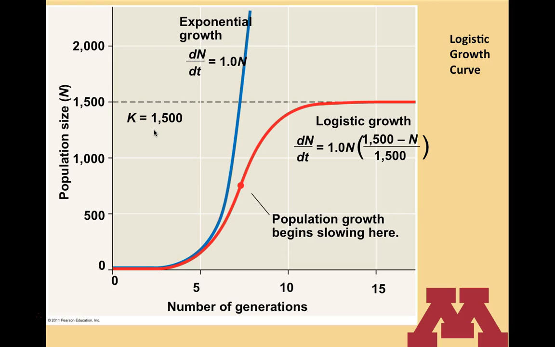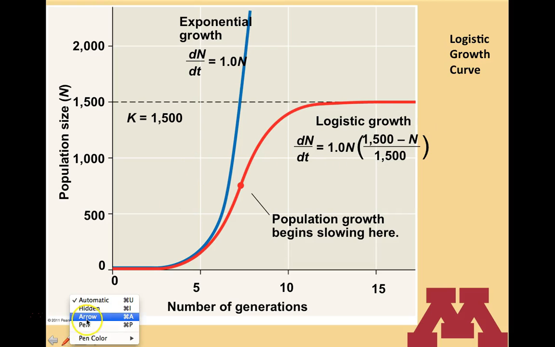And we have the logistic growth curve, which describes how a population grows more slowly as it nears the carrying capacity K. In the logistic population growth model, the per capita rate of increase declines as carrying capacity is reached.